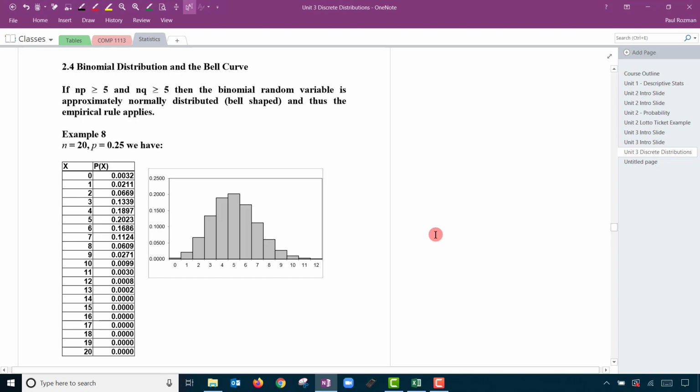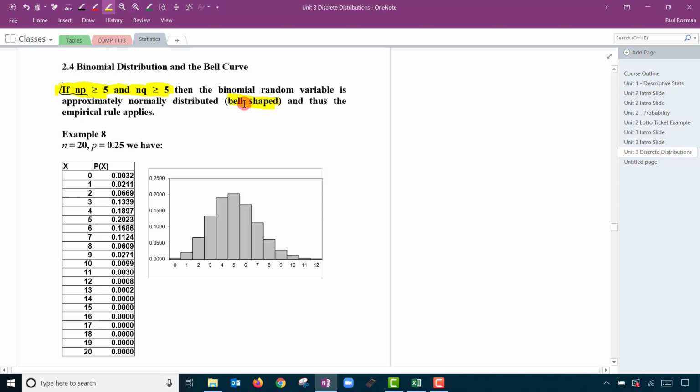So we just need to find some rule to identify when a binomial distribution is shaped like a bell curve. And it turns out that the rule is: if np is greater than 5 and nq is greater than 5, then we get a bell shape, or the normal shape.